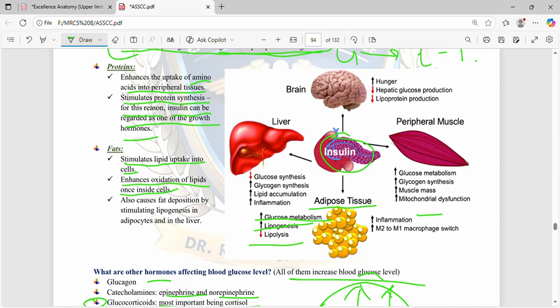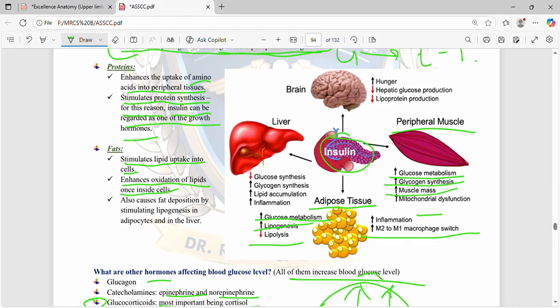It is also involved in inflammation, increasing the M2 to M1 macrophage switch. In peripheral muscle, it increases glucose metabolism, glycogen synthesis and muscle mass.